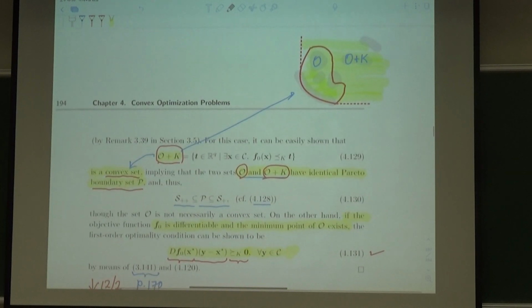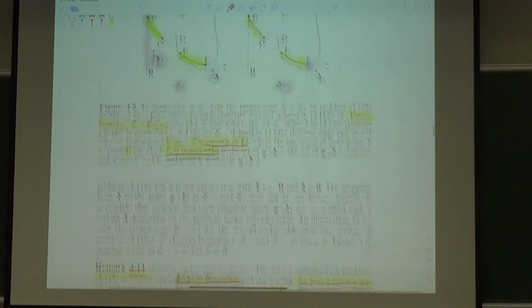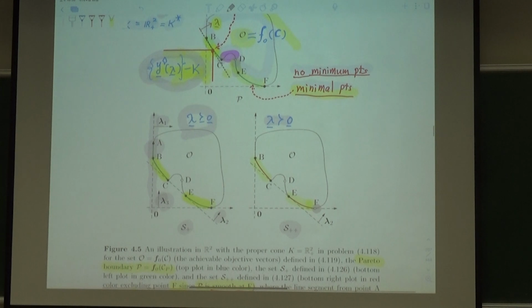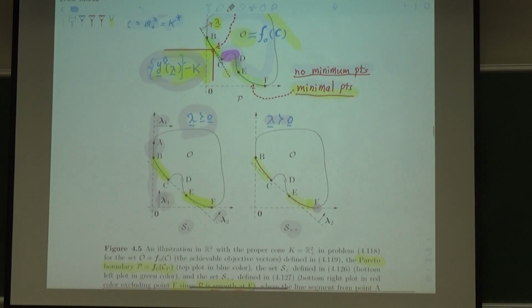So this is a term. S plus plus is a subset of P, and P is a subset of S plus, because you never miss anything on the constellation here, and you don't make mistakes.